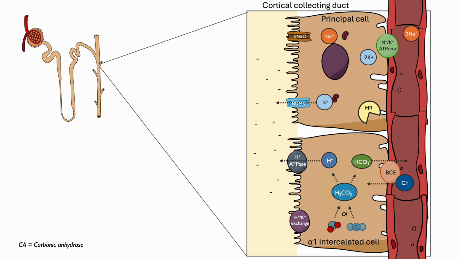A negative charge in the lumen promotes the movement of other cations like potassium and hydrogen into the lumen, thereby maintaining electroneutrality. Finally, 3. Hydrogen secretion is facilitated by the active transport via hydrogen ATPase located in the apical membrane of the intercalated cell, whereas potassium moves passively across the apical ROMK channel found in the principal cell.